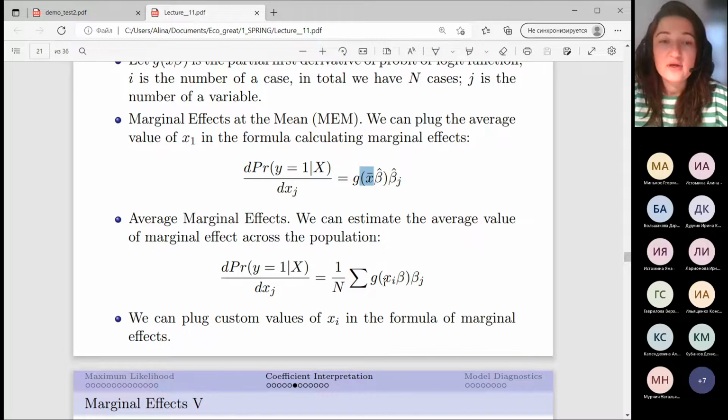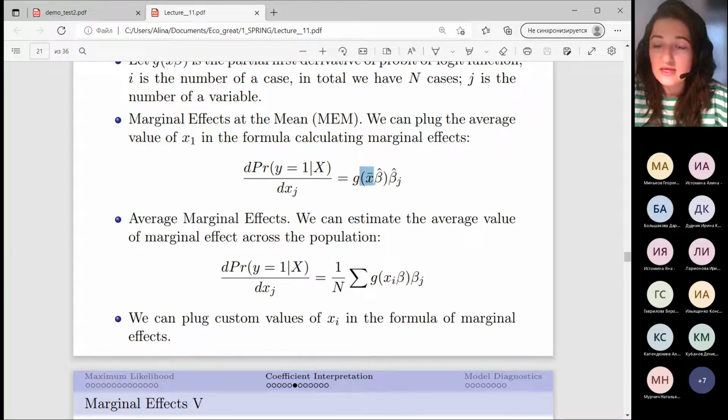And you also have the third option, the marginal effect at a representative value. The difference from the first and second is that you need to plug in some custom values of X.